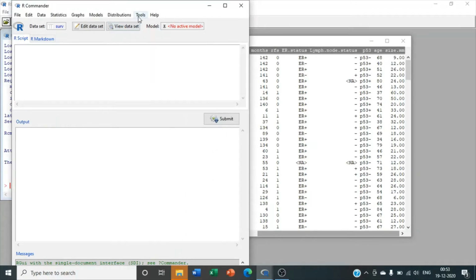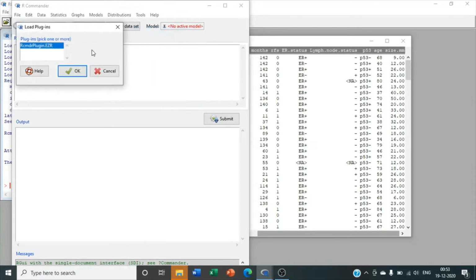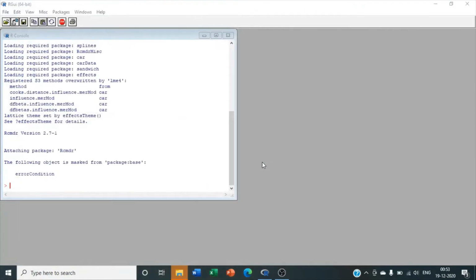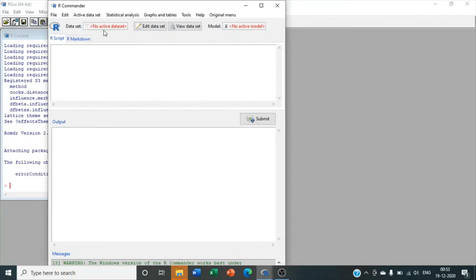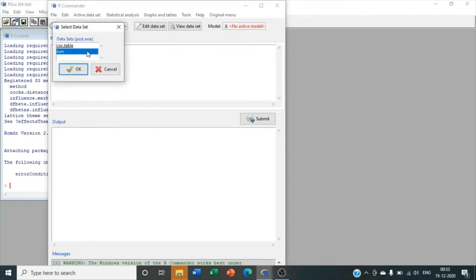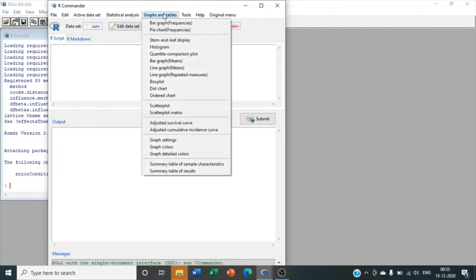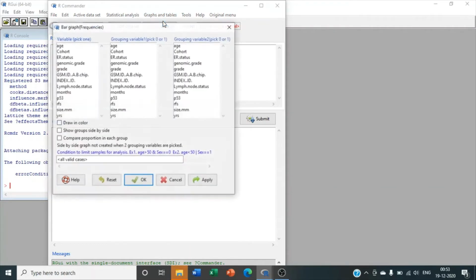So, first let us get into the EZR. Once we go into EZR, we select serve, we go into graphs and tables, get into bar graph.